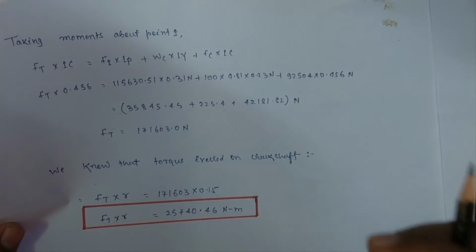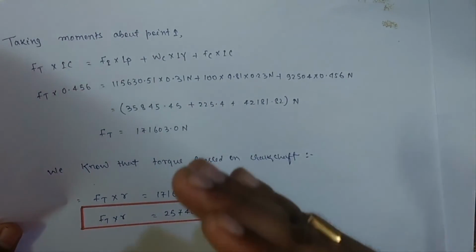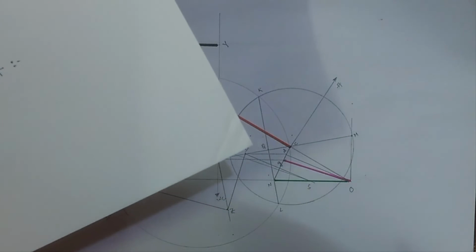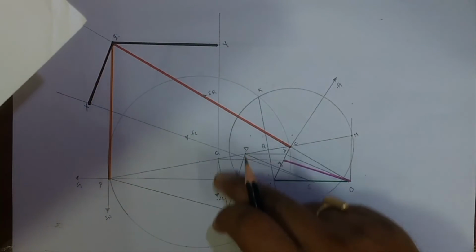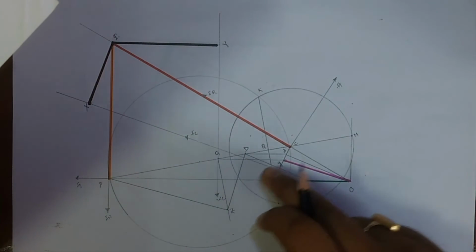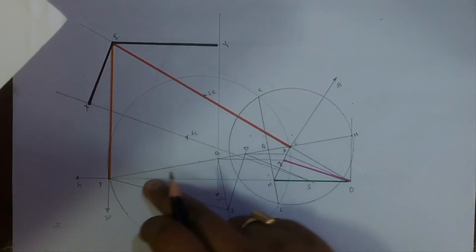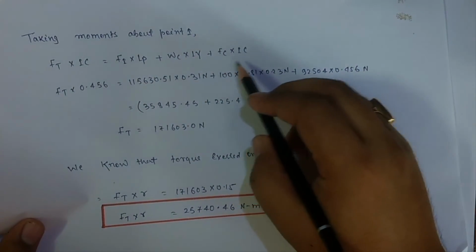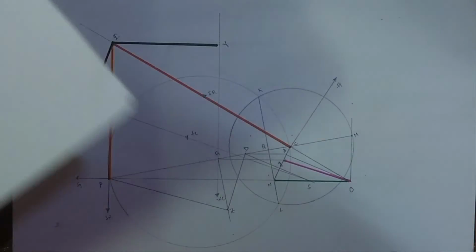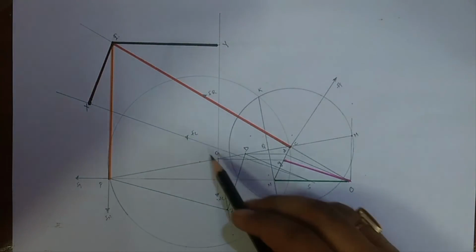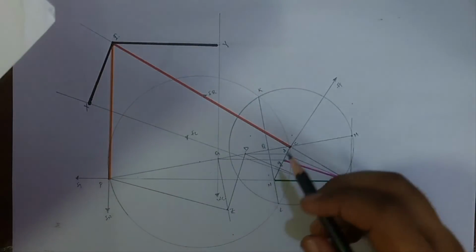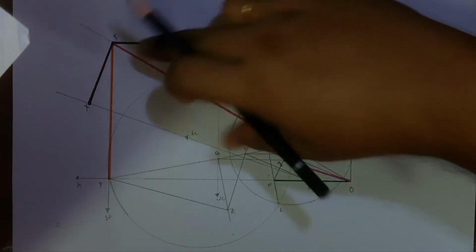From that force we need a perpendicular distance to the point where we need to calculate the force, plus Wc into Iy. Wc is the weight acting due to this connecting rod, which is nothing but 100 kg and the distance between them is Iy. So Wc into Iy plus Fc into IC. Fc is here. This is our Fc force, inertia force due to connecting rod, into IC. This is our length IC.